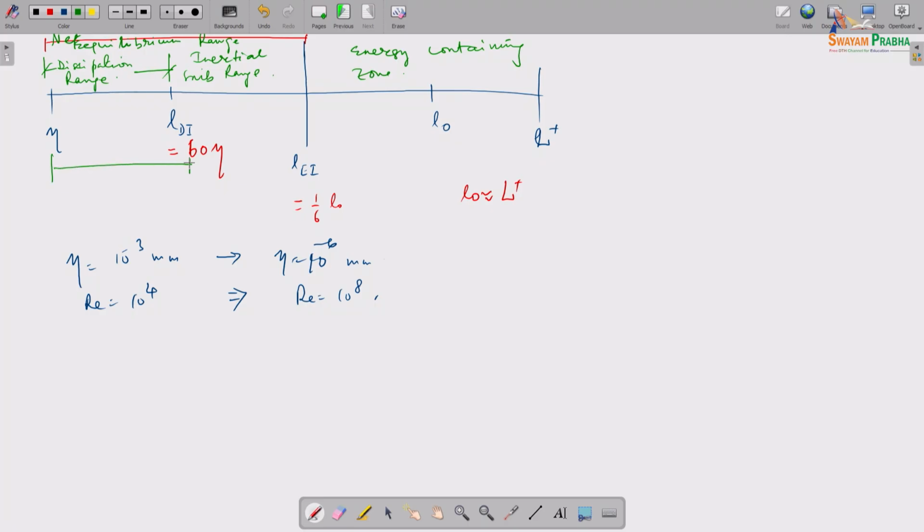So let's just say 60 eta or L_DI, which is the cutoff for this thing.